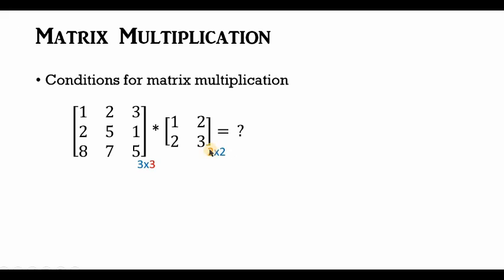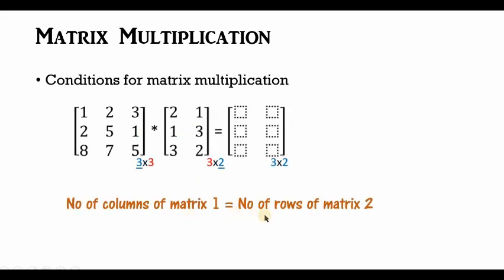If you want two matrices to be multiplied, then these two values should be equal. The number of columns of the first matrix should be equal to the number of rows of the second matrix. This condition is very important and it is applicable when you want to multiply two matrices. Number of columns of matrix 1 should be equal to number of rows of matrix 2.